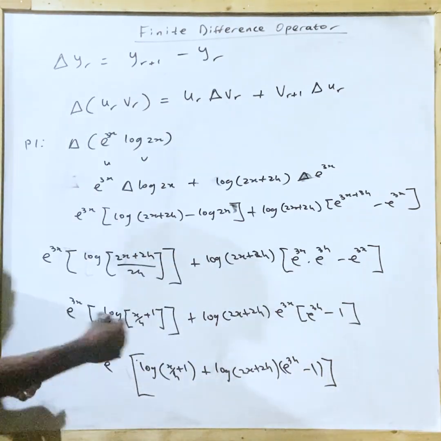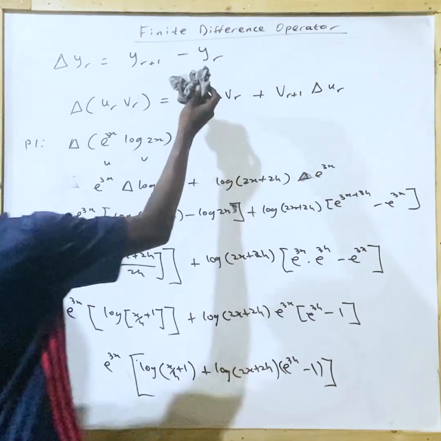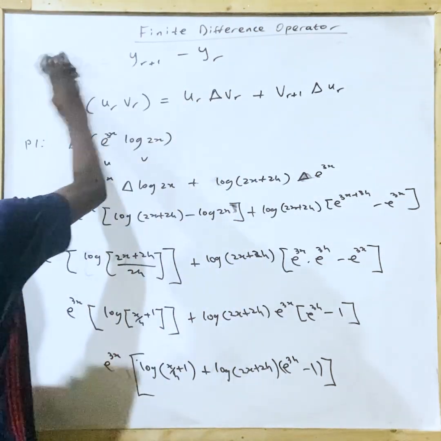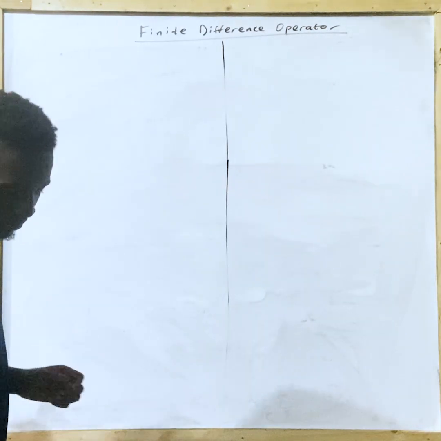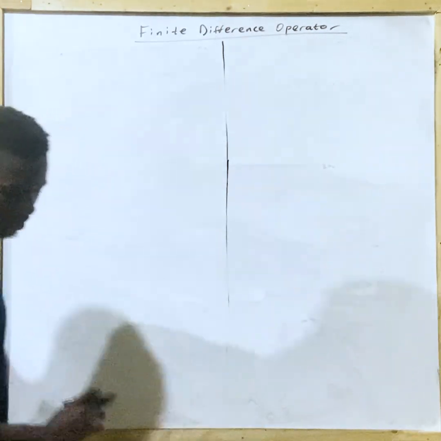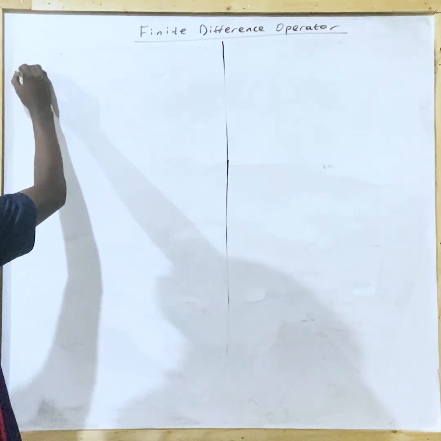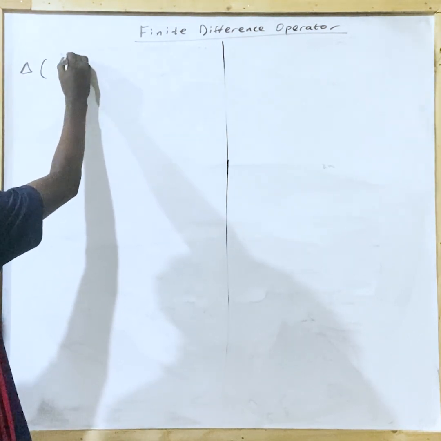I'll be taking another example. My second example, we have the forward difference of a quotient.